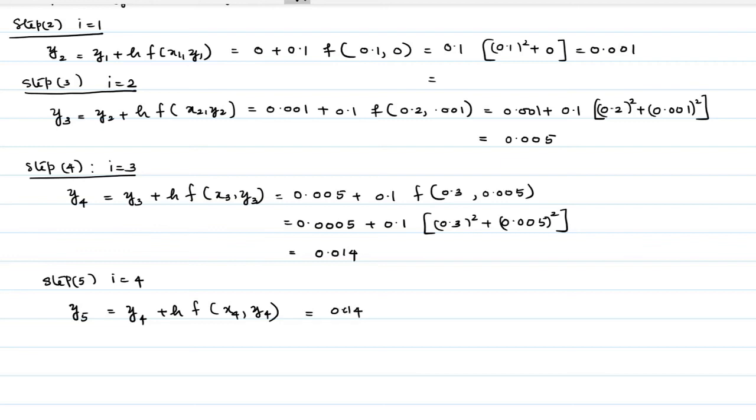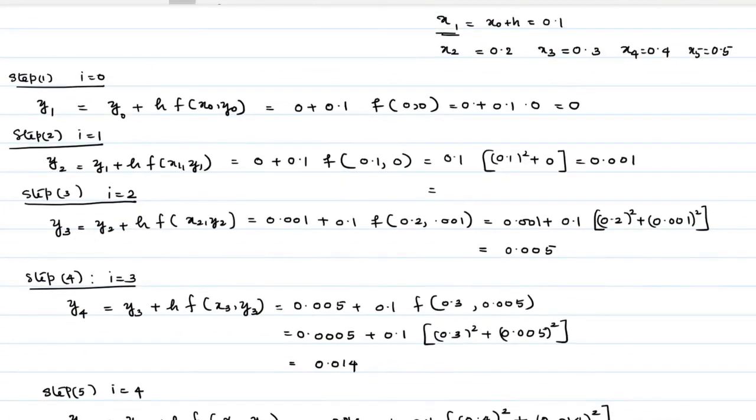So it is 0.014 plus 0.1 into x4 is 0.4 the whole square plus y4, 0.014 the whole square. On simplifying this, you will get 0.03000196. For each corresponding step, we have got the values of y1, y2, y3, y4 and y5.